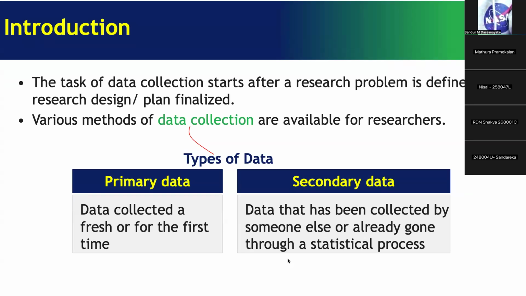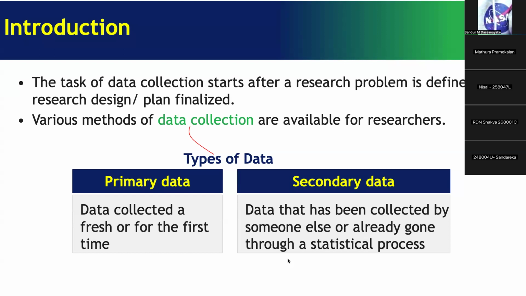Then you have various methods for data collection, primary data and secondary data. We have already talked about this in the previous slides, so I'll go forward because I spent 1 to 1.5 hours completing that just to make sure that we are on the same page.